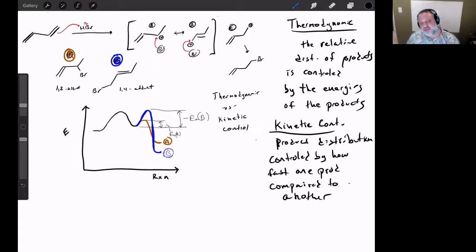Okay, and so we said that if we have cold temperatures, we know that A predominates, even though it's not the lowest energy product. It's not the one that's thermodynamically favored. And so why is that?